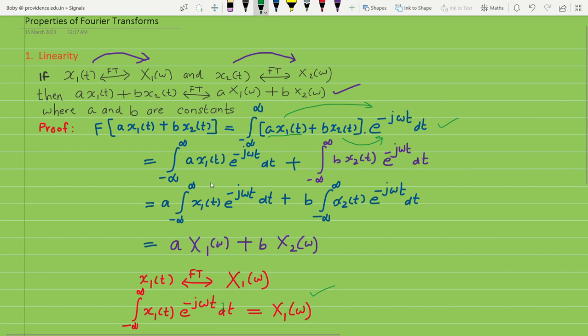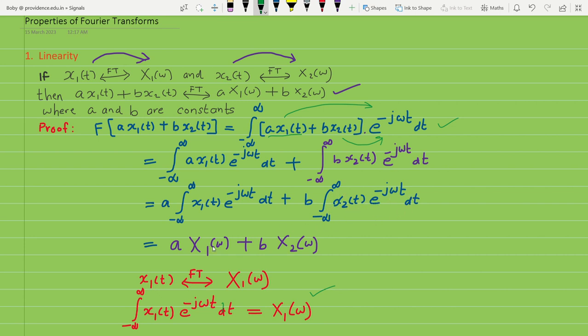Here in the next step we can see, since a is a constant, the a has been taken outside, so it becomes a into the integral of x1 of t e raised to minus j omega t dt, plus b, which is a constant and taken outside, into the integral from minus infinity to infinity of x2 of t e raised to minus j omega t dt.